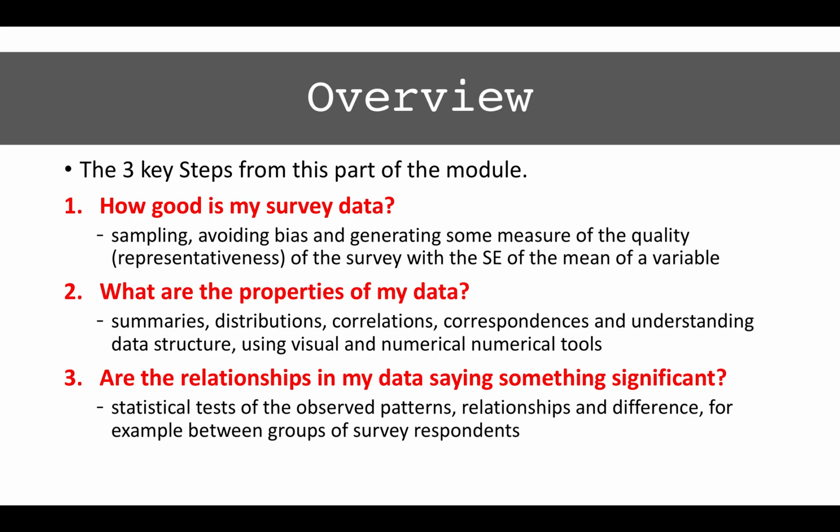Now, having determined how good the data are, okay, this is good enough for my use, we can examine the properties of the data using some summaries, looking at distributions, correlations, correspondences, and generally trying to develop an understanding of the data and structure using visual and numerical tools.